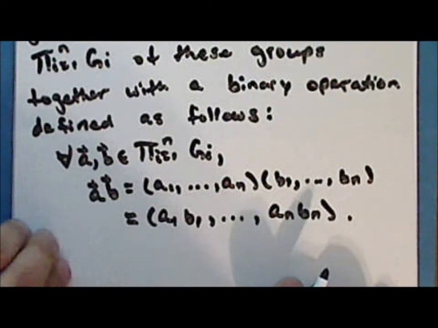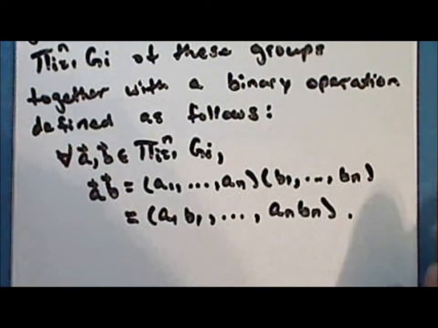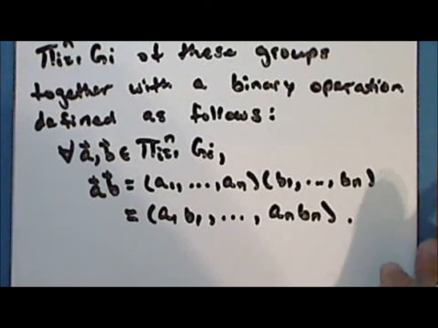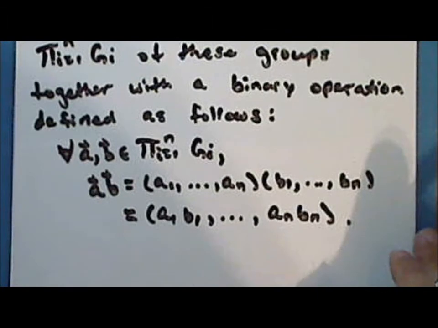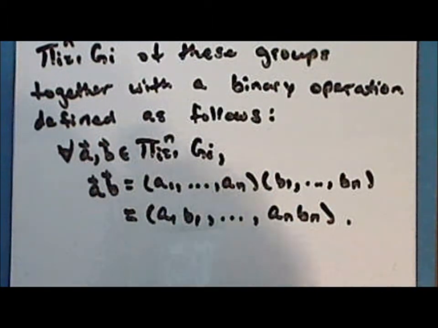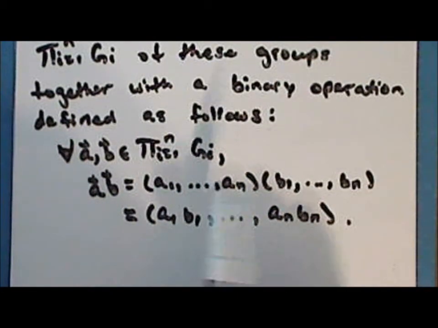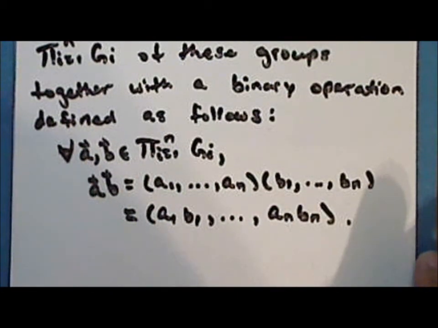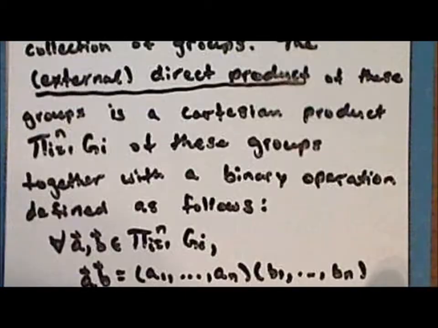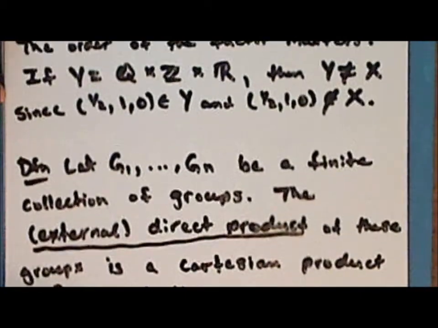That is, the product is defined component-wise. Now, in this definition, we are using the language and notation of a multiplicative group, or a finite set of multiplicative groups. But this definition holds for additive groups as well.